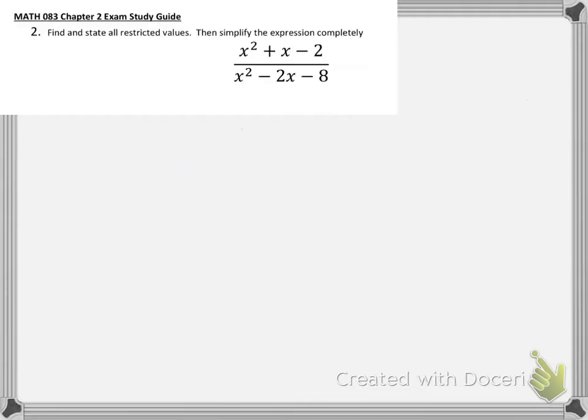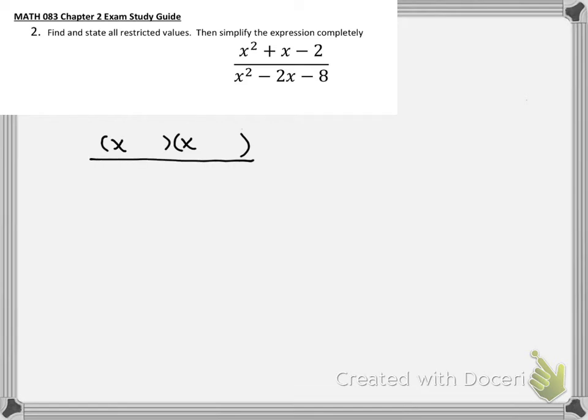In this problem, we have to first find and state the restricted values, and then we're asked to simplify the expression completely. As you can see here, we have a trinomial in the numerator and the denominator, so we're going to have to use the AC method in both places.